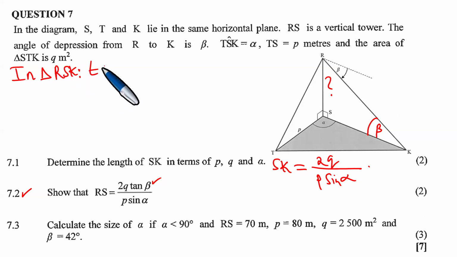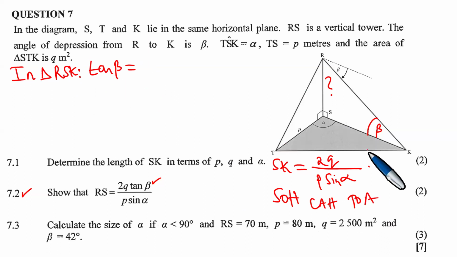Meaning that we can make a triangle RSK so that we have the tangent of beta. Tangent of beta is opposite over adjacent using SOHCAHTOA. So the tangent of beta becomes opposite over adjacent, and opposite here is exactly RS over adjacent, adjacent is exactly SK.